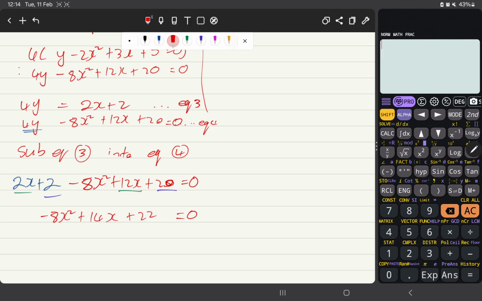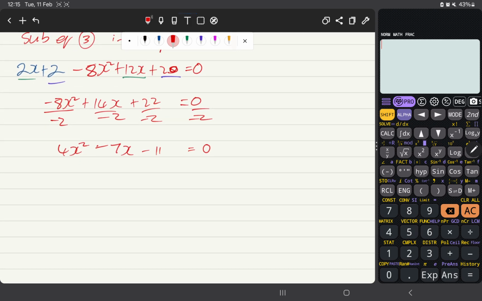I can divide by negative 2, so I have 4x squared minus 7x minus 11 equals 0, right?